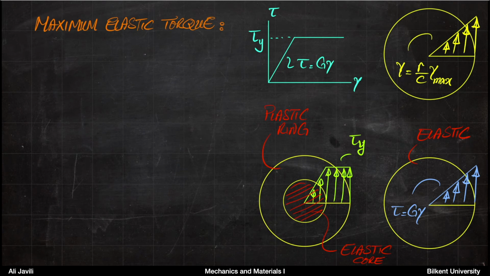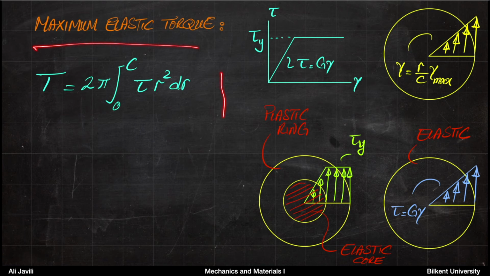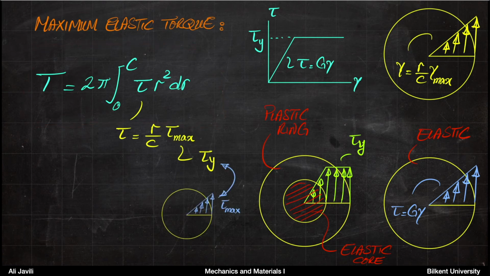So what we want to calculate is to find out the maximum elastic torque. Again, we begin with the generic formula that we had before, but now you know that because it is elastic, the stress distribution is linear. But also because you want the maximum elastic torque, you know that tau max should be just the same as yield stress.